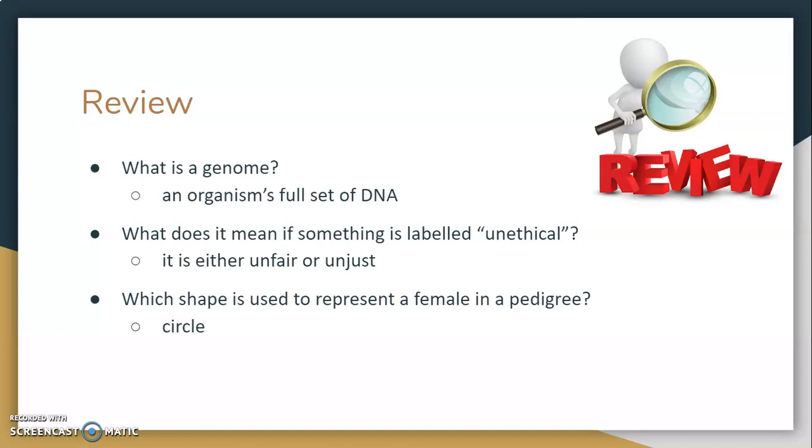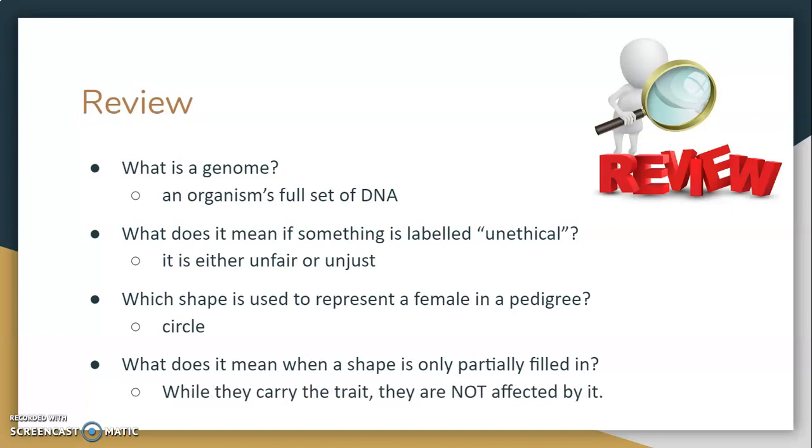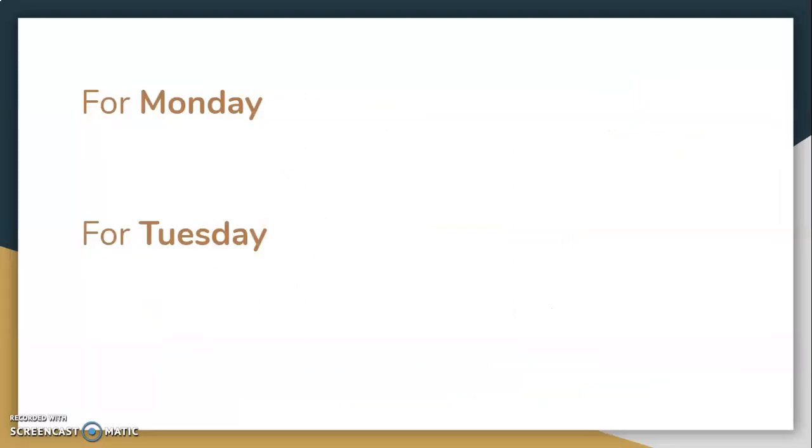Now, if you fill in a square versus what if you just partially, like half color in that circle? What does that mean? For that particular trait being tracked by the pedigree, it means that they carry the trait, they're a carrier, but they aren't affected, they aren't experiencing the symptoms. It's not seen in the phenotype.